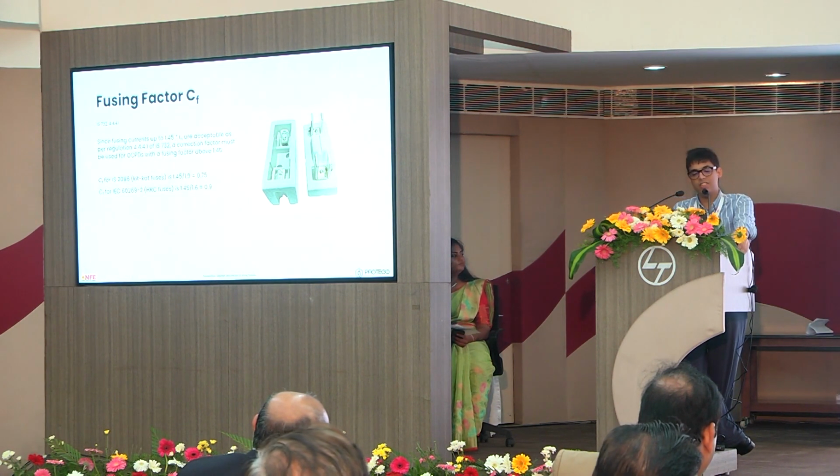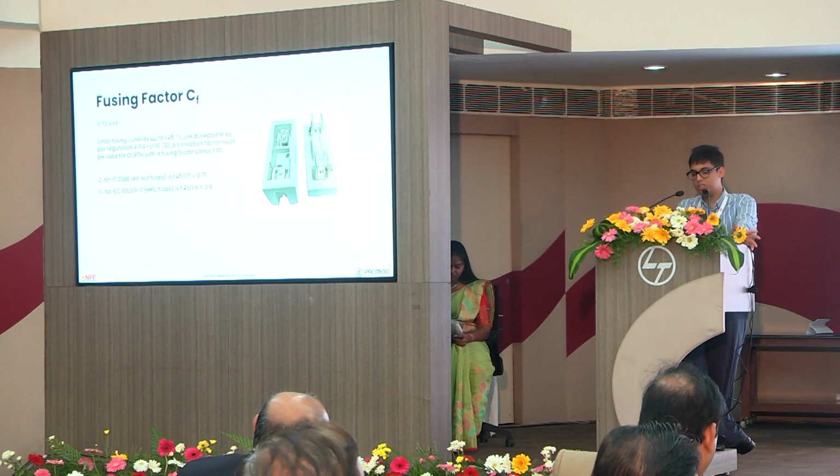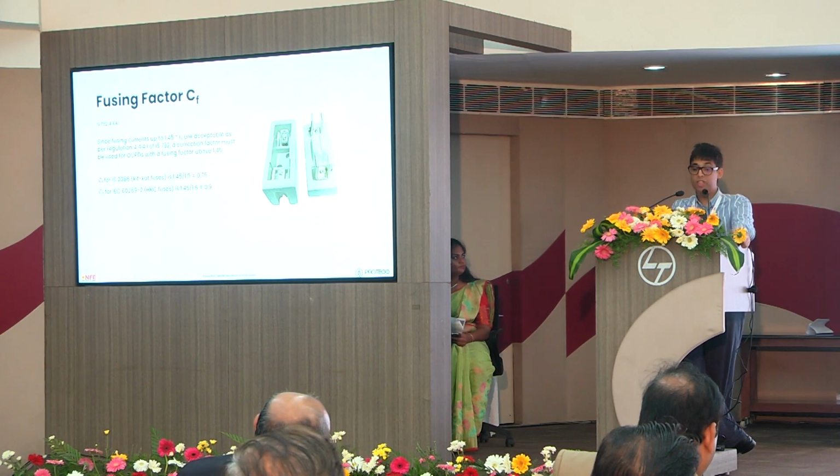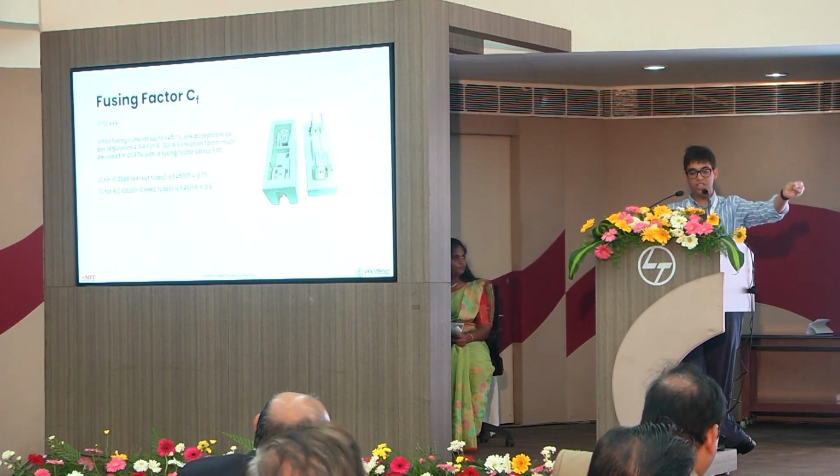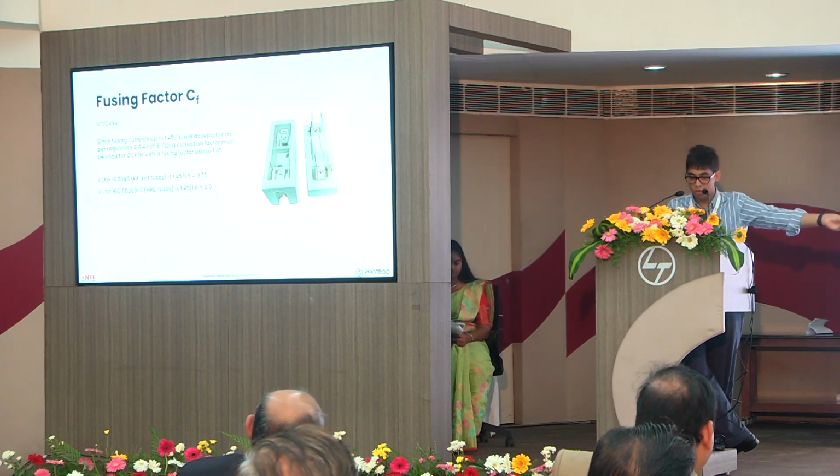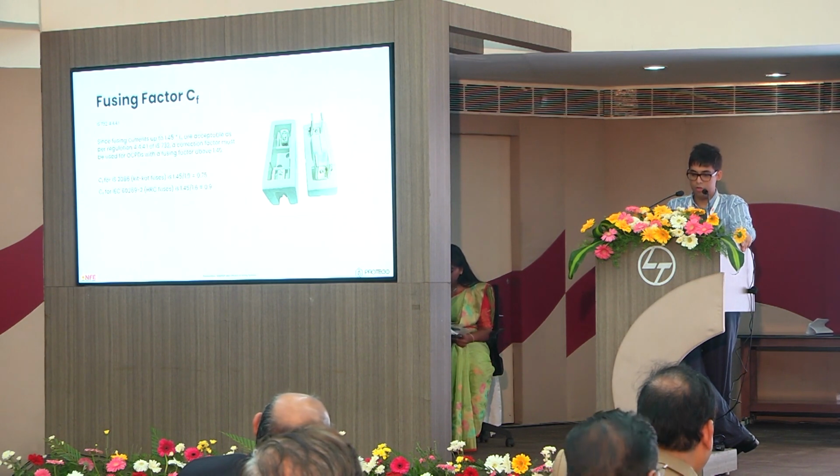How do you get this correction factor? Simple. You take 1.45 and divide by the fusing factor. For KitKat fuses, 1.45 divided by 1.9 is approximately 0.75. For HRC fuses, it's 1.45 divided by 1.6, so 0.9. This means that if you have a KitKat fuse, only 75% of that cable's current carrying capacity can be used, and if it's an HRC fuse, only 90% of the current carrying capacity can be used.